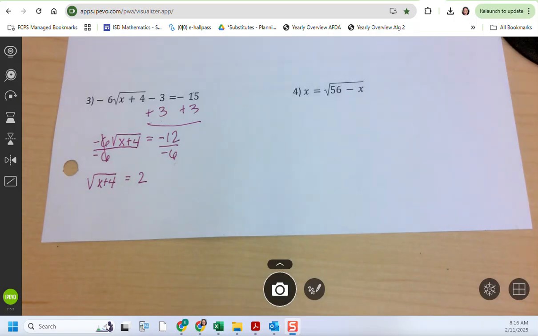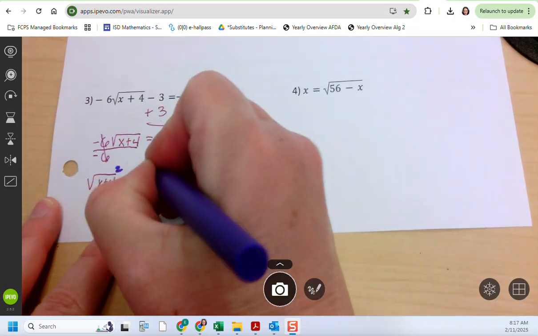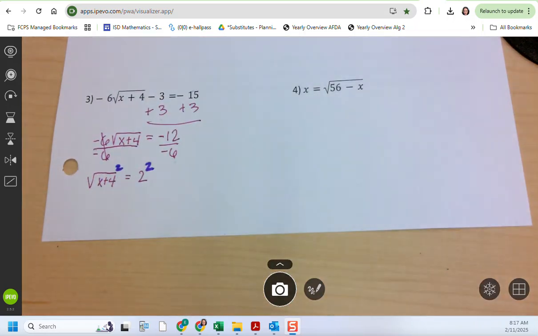So those are the same operations you've used to solve equations in the past. Undo subtraction with addition, undo multiplication with division. I have the square root by itself, so what operation will undo square root? Squaring it, good. So we're going to square both sides. That will cancel out my square root.